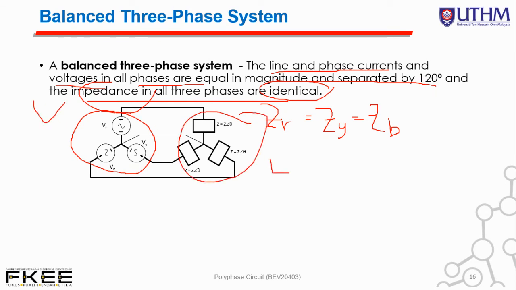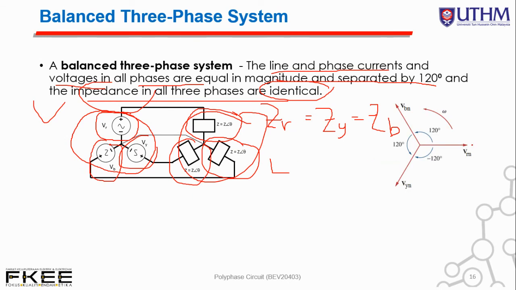So they are all identical, all equal from one phase to another: R, B, and Y. The same goes here. So VRN, VBN, VYN are separated by 120 degrees each.